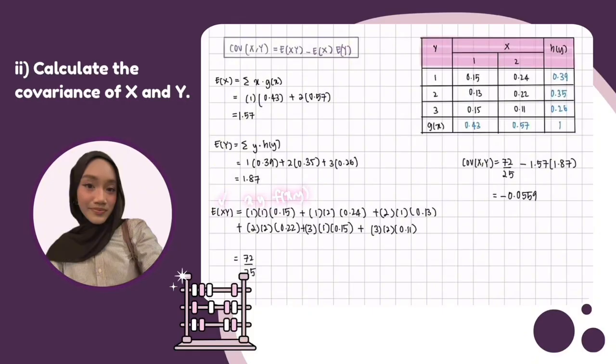So for X equals 1, Y equals 1 times 0.15 for example. So just add all of the X and Y's with their joint distributions and you will get 72 over 25. So to find the covariance of X and Y, just substitute the values into the formula. 72 over 25 minus 1.57 times 1.87 and you will get negative 0.0559.